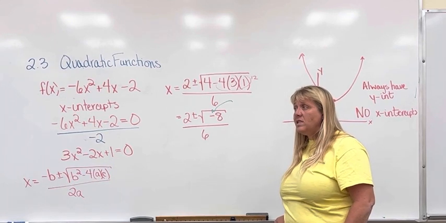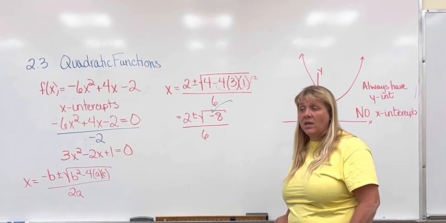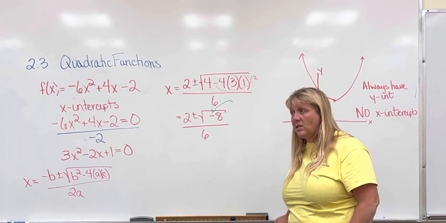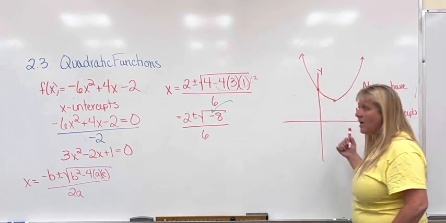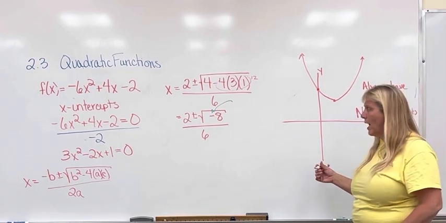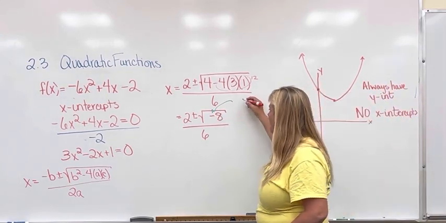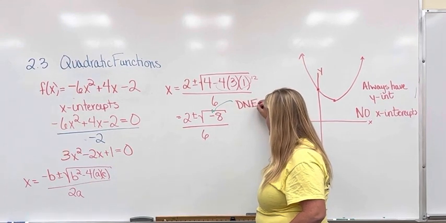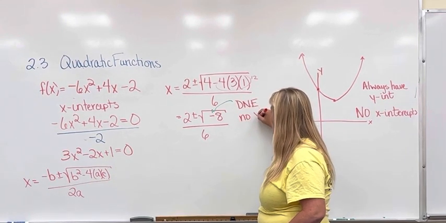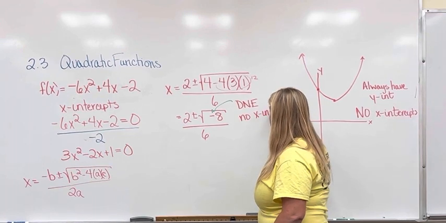If we're in regular math class, we can go to complex numbers and use i and imaginaries, but that's not going to transpose onto a graph. So when you get a negative underneath the square root, this does not exist, so there are no x-intercepts.